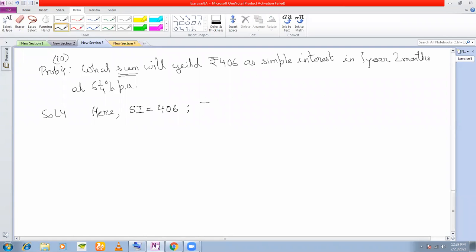Time here is given to you as 1 year, 2 months. 1 year plus 2 months, which can be written as 1 year plus 2 by 12, since if you convert months to years, you have to divide by 12. So this is 1 plus, if you cancel this, 1 by 6.